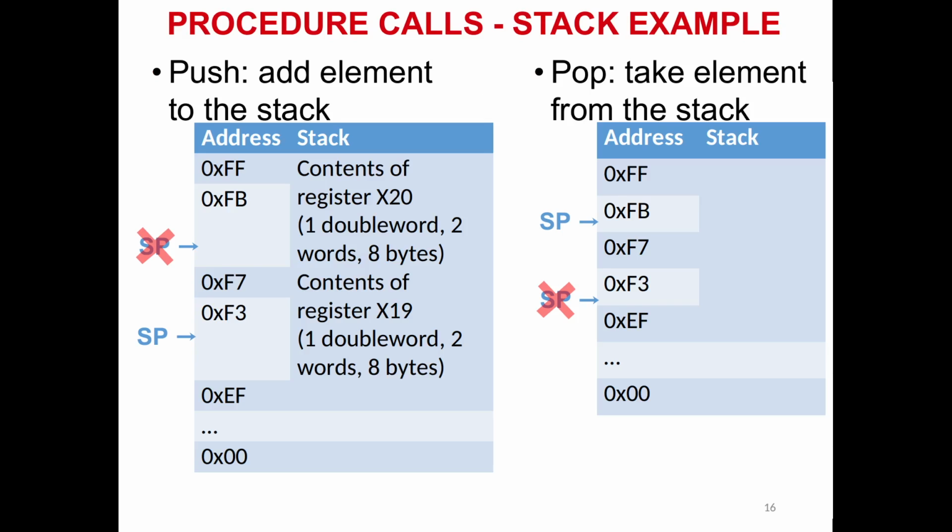We have only 32 registers, and so you can't share those registers among too many tasks and too many procedures. You will need to store those values into memory sometimes to release the registers for other tasks. And so you have a stack.